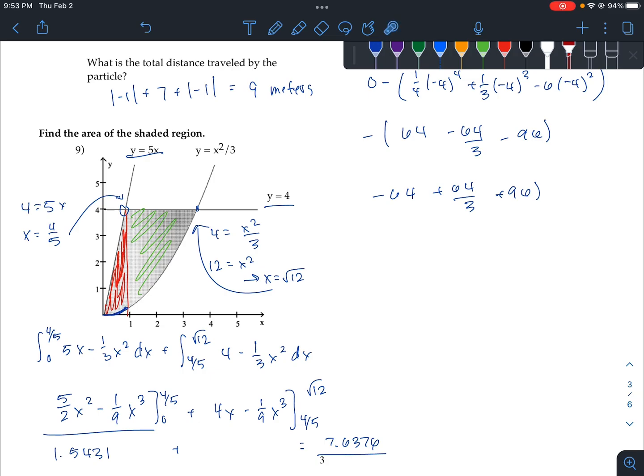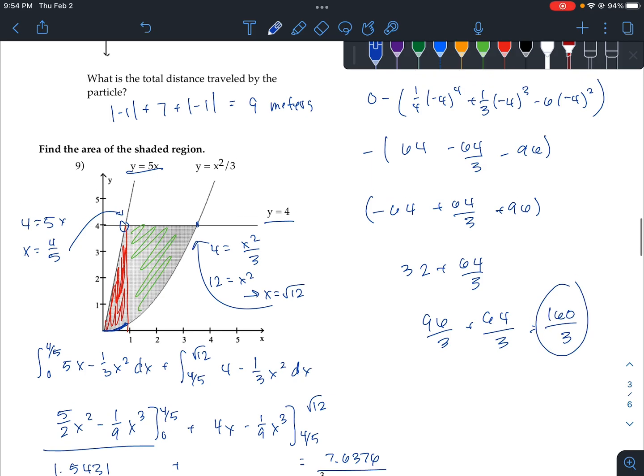If I add those together, that's going to be 32. So 32 plus 64 over 3, multiply top and bottom by 3. So that's 96 over 3 plus 64 over 3, and that's equal to 160 over 3.